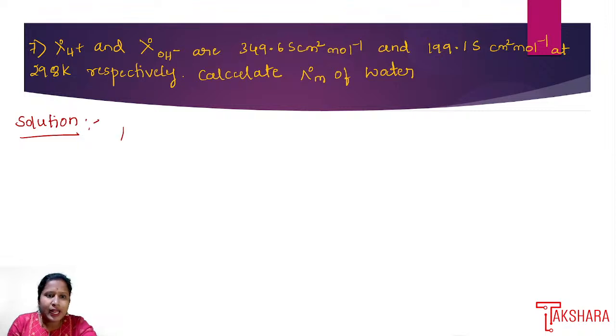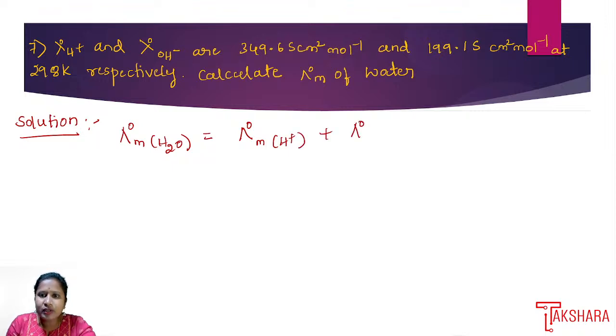Solution: lambda naught m of water is equal to the sum of the individual respective ions that we consider. That is lambda naught m of H plus and lambda naught m of OH minus. They have given lambda naught of H plus and lambda naught of OH minus.